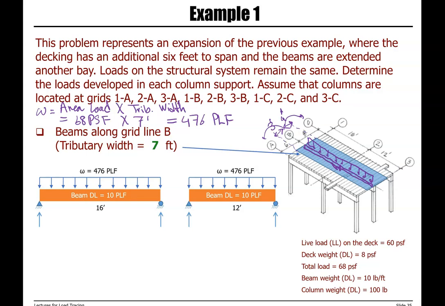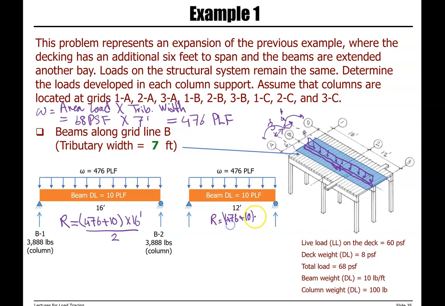Now we need to do the calculation for reactions. Simply supported beam, symmetric, reactions 476 plus 10 times 16 divided by 2. And here 476 plus 10 times 12 divided by 2.